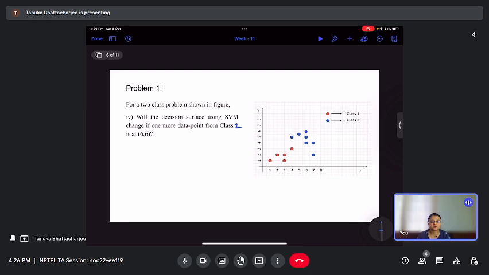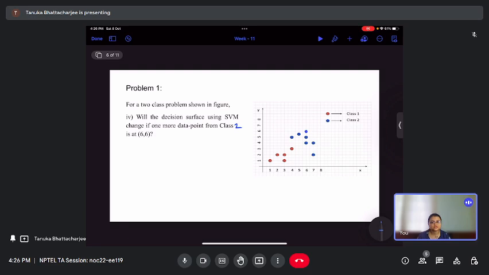So, anyone would like to answer? Will the decision surface change if you have one more training sample, or will the decision surface be the same as before? What do you think? Can anyone try?